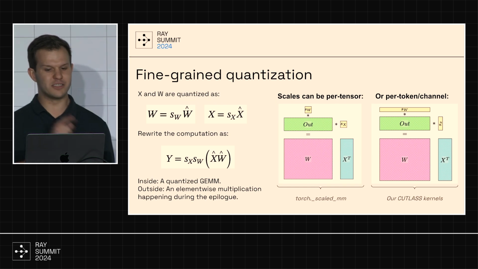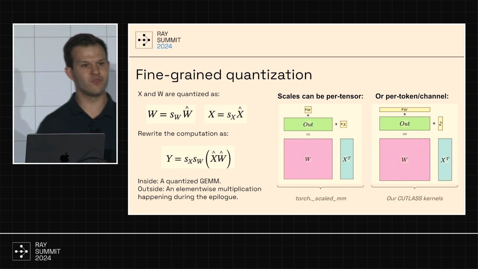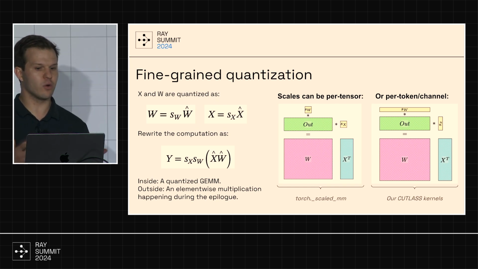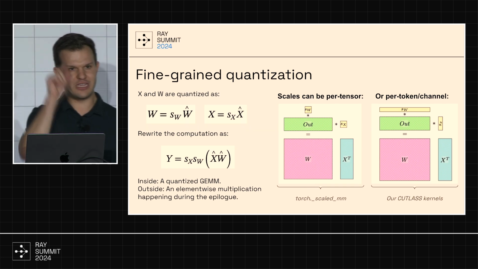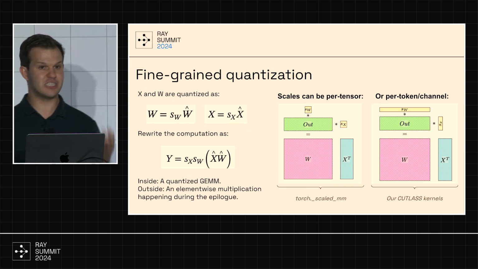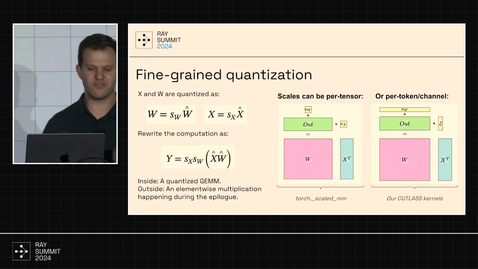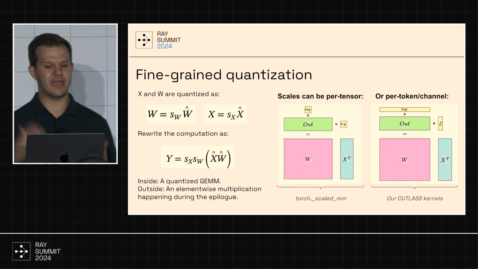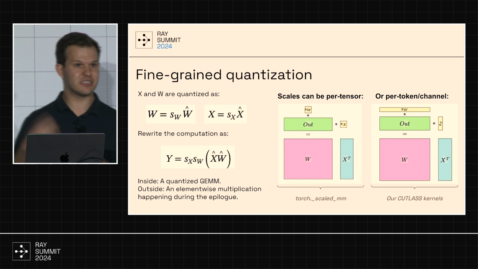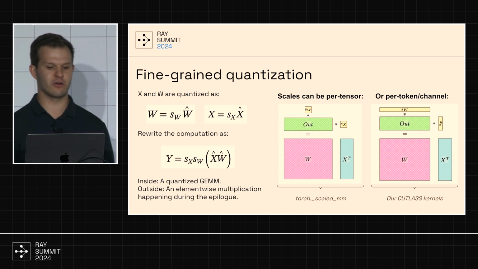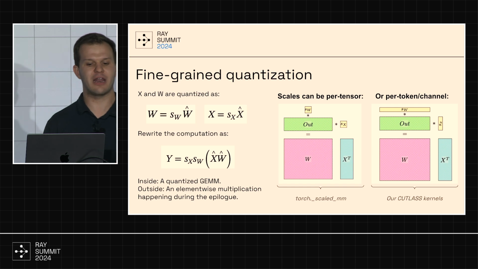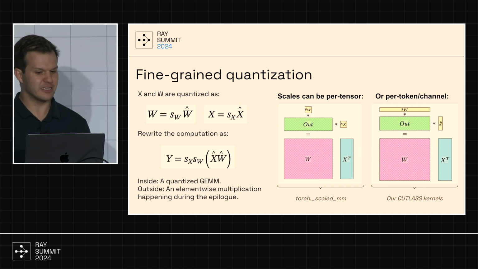So we can do one scale per row of the weight matrix and per token activation quantization. So we have one scale for each individual token in a sequence. And this enables much finer grained quantization. We're able to handle outliers much better and still have really, really performant inference because of the custom kernels that we've enabled that are targeted at this specific case.